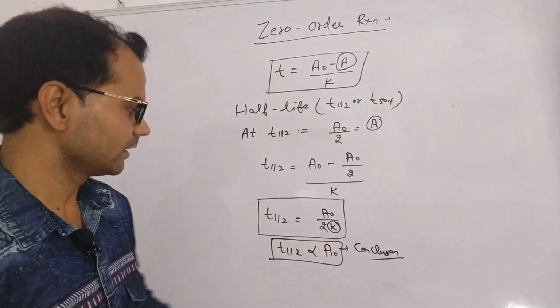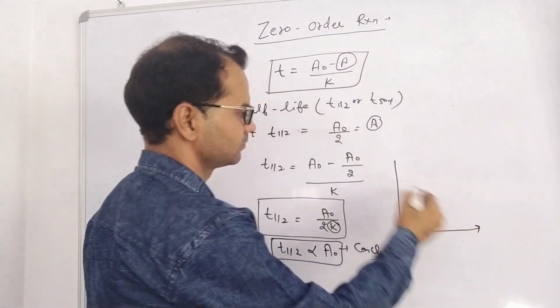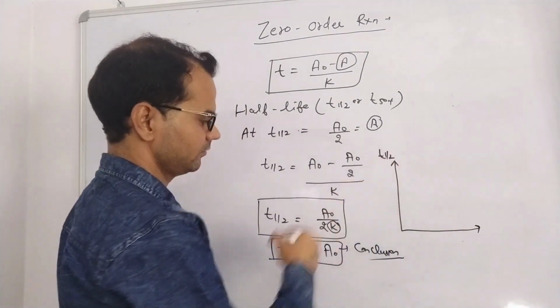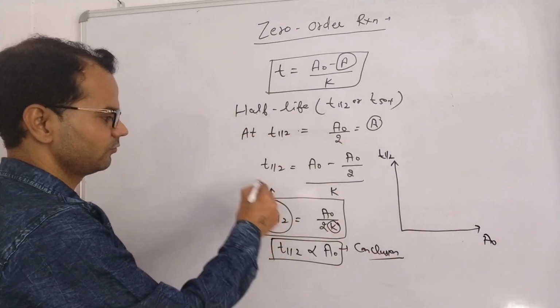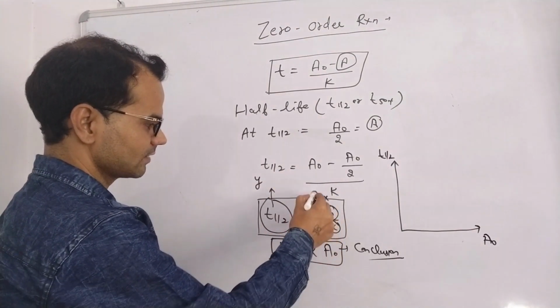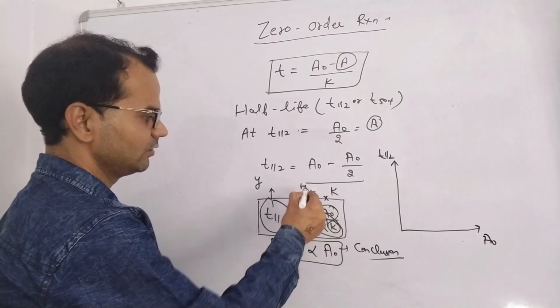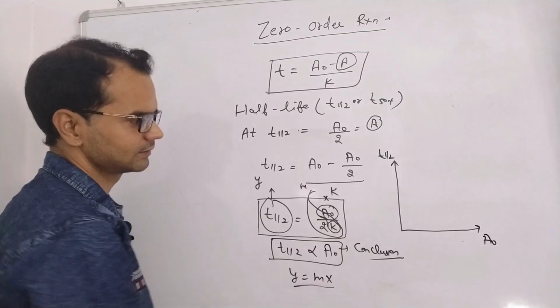If we again plot a graph, t half versus A0. So t half here is y axis, A0 is on x axis, and 1 by 2K will be the value of m. So y equal to mx.